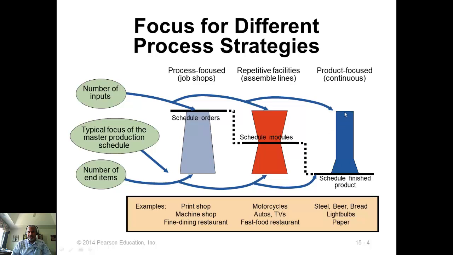And in the continuous environment, we have a very narrow product line all the way up to the last stage, where during the time of packaging, a fairly medium level of product lines are produced based on a very, very narrow set of inputs.